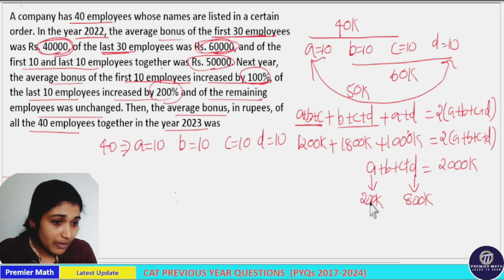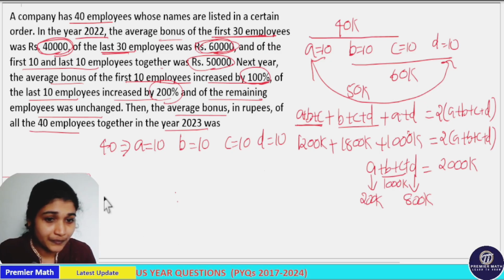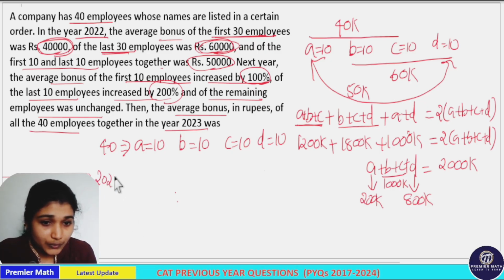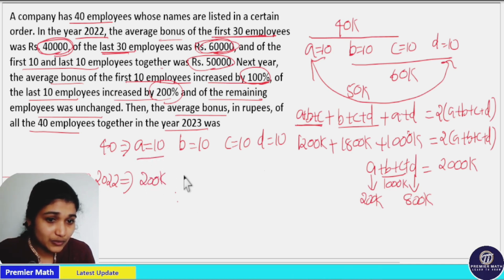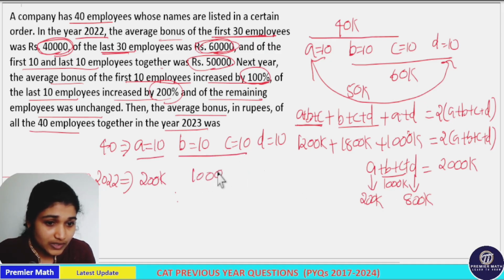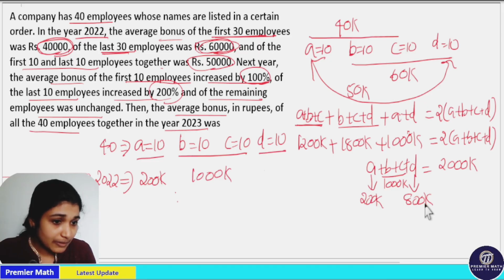And the remaining is equal to 1000K, which is for these 20 people. Now in 2022, the sum for A was 200K, that is the sum of these 10 people was 200K, the sum of these 20 people was 1000K, and the sum of these last 10 people was 800K.